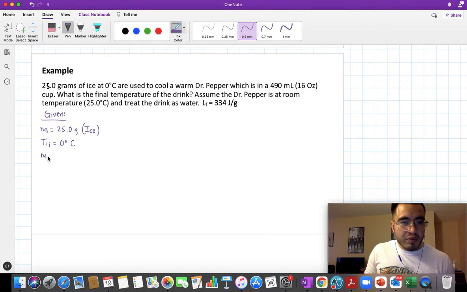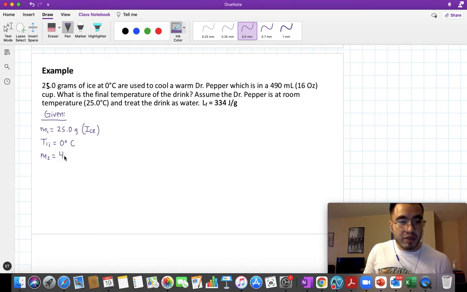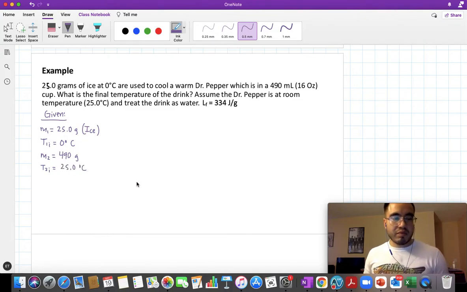Then mass 2, which is the mass of the Dr. Pepper, we don't have the mass in grams. However, since we are treating the drink as water, that is the Dr. Pepper as water, because of the density, we can say that the mass of the Dr. Pepper is 490 grams. I told you it was going to be super useful. And the temperature initial of the Dr. Pepper is room temperature. In this case, we say is 25 degrees Celsius.